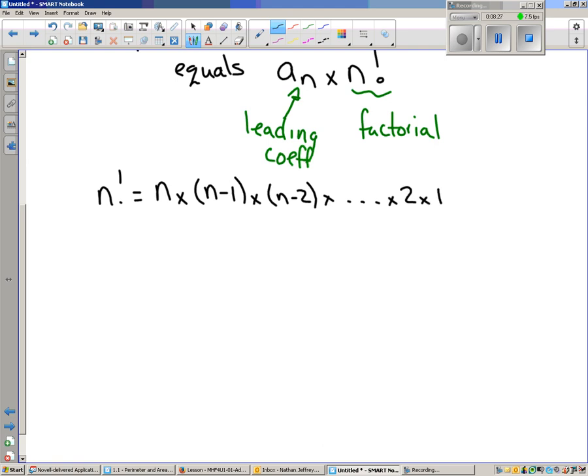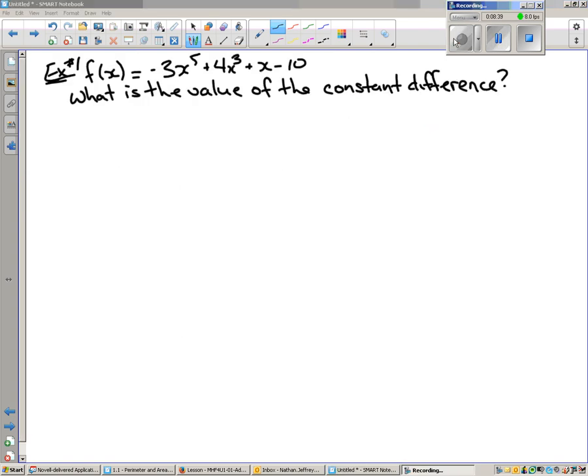So for example, 4 factorial means 4 times 3 times 2 times 1. You'll be given a polynomial, for example, negative 3x to the 5 plus 4x cubed plus x minus 10, and I could ask you, what is the value of the constant difference?